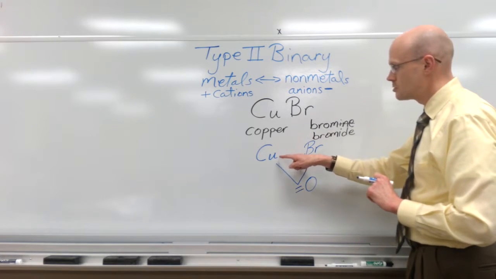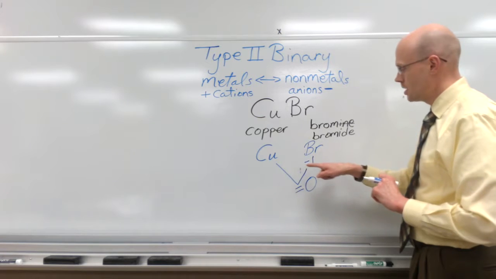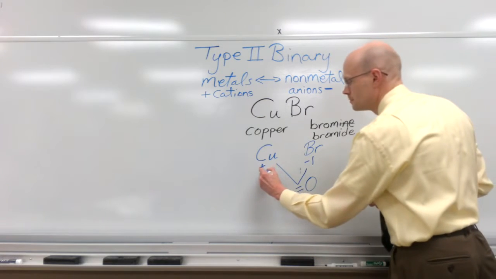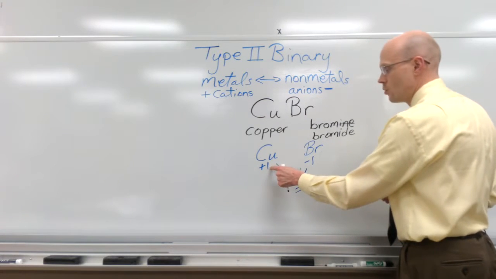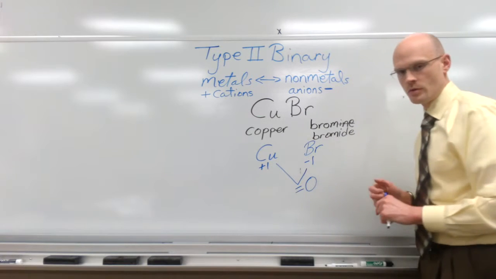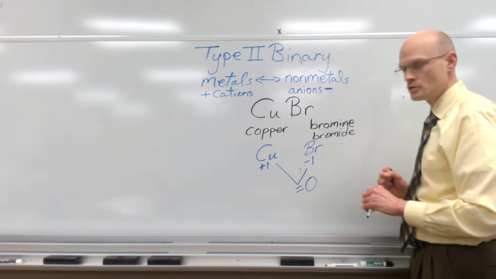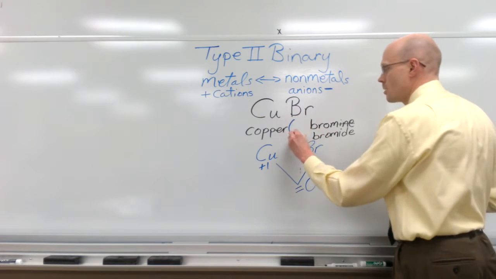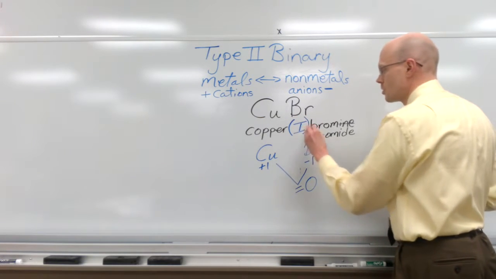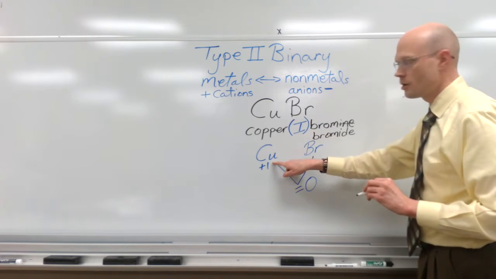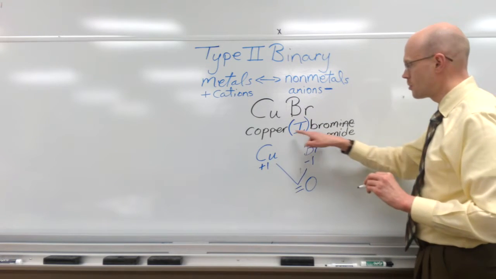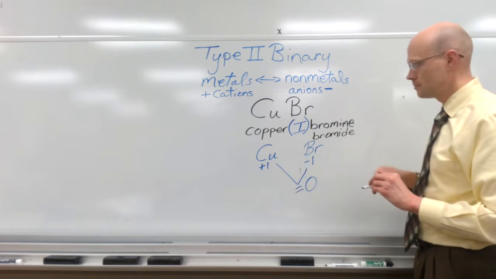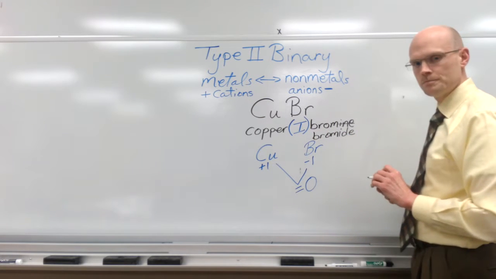So this individual copper must be a +1, because 1 minus 1 equals 0, and compounds are charge neutral. So the proper name for this compound is copper 1. Use the Roman numeral to represent the charge of the individual copper. Copper 1 bromide.